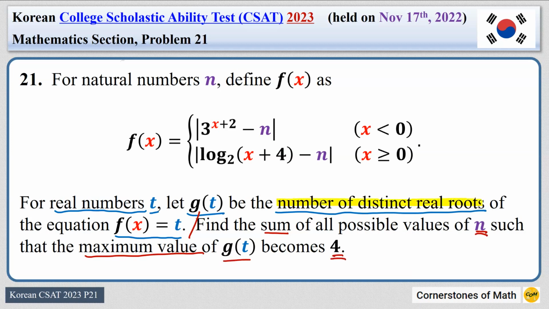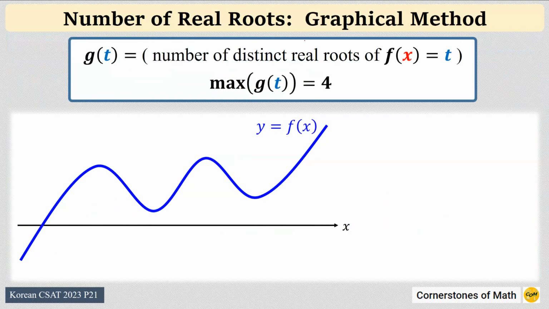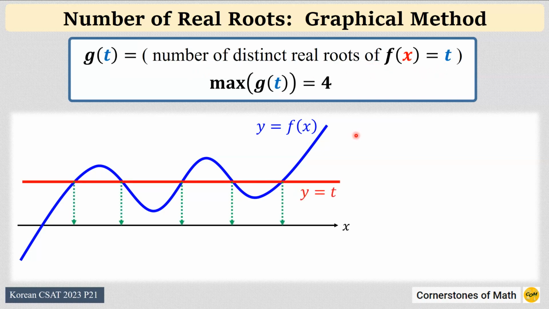So we have to find the number of possible values of x such that f(x) has certain values. And the best way to do that is by using the graphical method. Suppose that this is the graph of y equals f(x). Then the number of real roots of the equation f(x) equals t can be found by counting the number of intersection points between the graphs of y equals f(x) and y equals t.